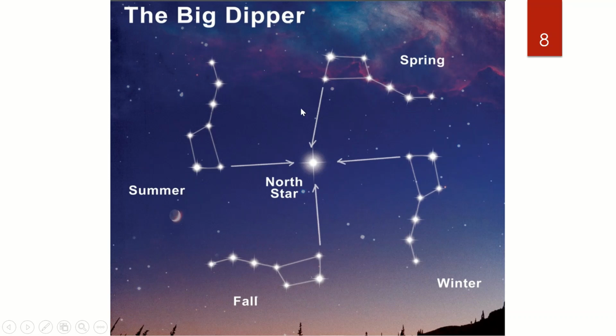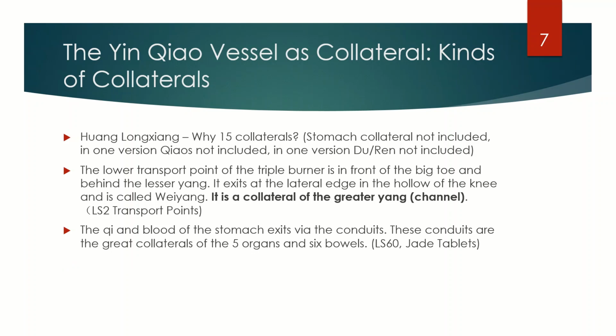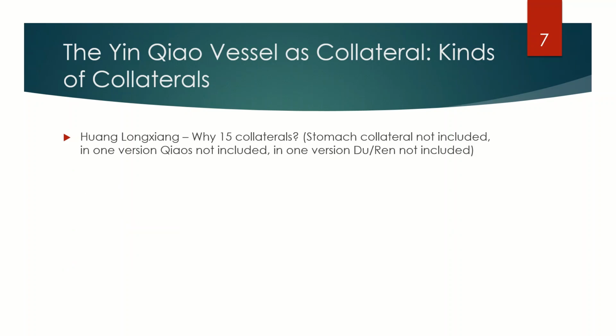The swastika is a very, very old symbol. I think some people say 5,000 years old. It also appears in many different cultures. So ancient peoples would have been very preoccupied with the skies. So it's maybe possible. Anyways, so the collaterals.